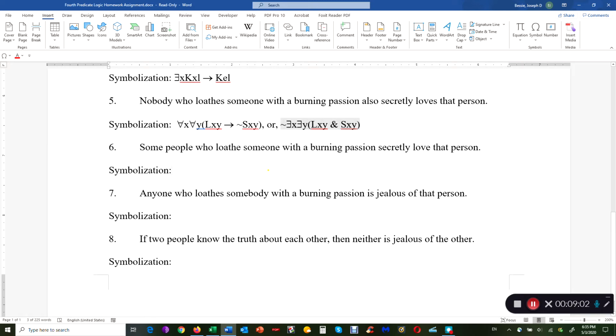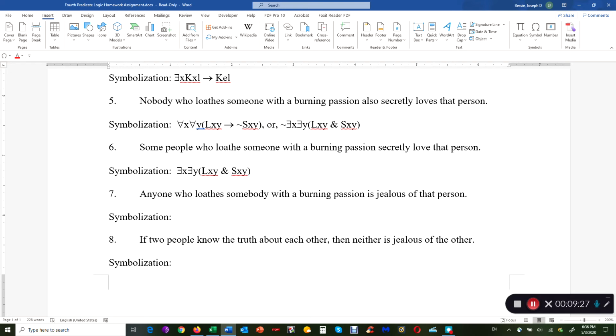So how do you say some people who loathe someone with a burning passion do secretly love them? It's easy. You just take off that negation. This says there are at least two people, x and y, where x loathes y with a burning passion, but x secretly loves y also. Just take off that negation from number 5.